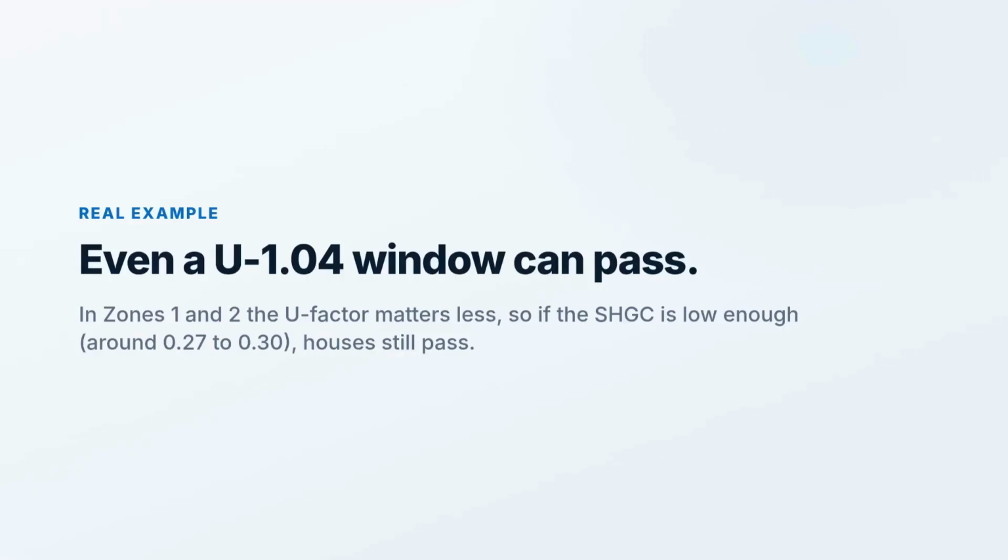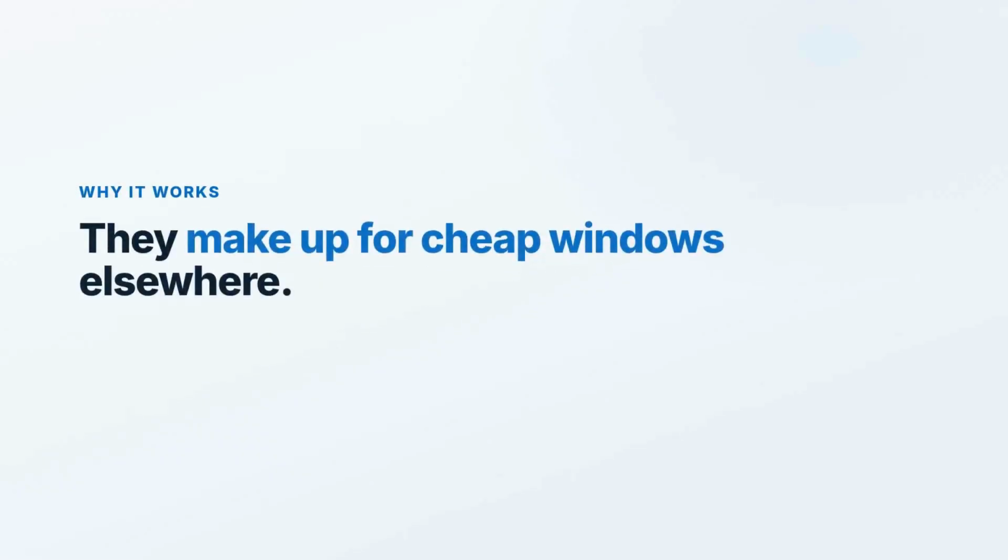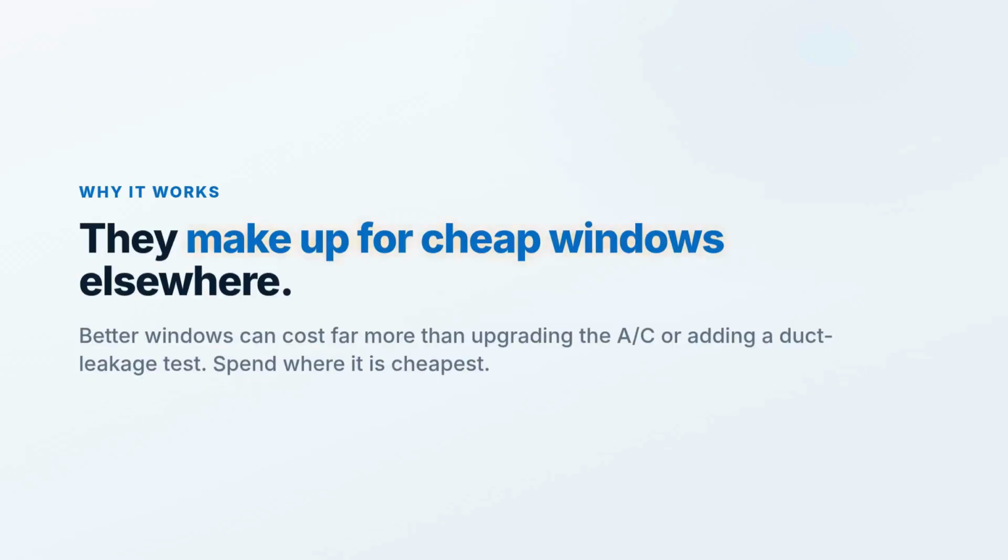So if the SHGC is low enough, even with a 1.04 U factor, we've had houses pass. In fact, one builder's windows are always 1.04 and I think he's at 0.27 or 0.30 SHGC, but they do other things in the house to exceed the energy code to make up for the negative of the windows.